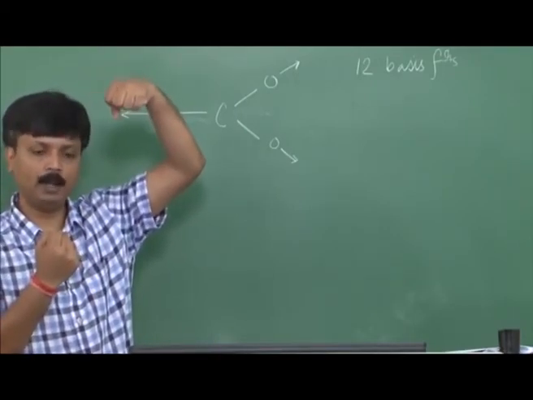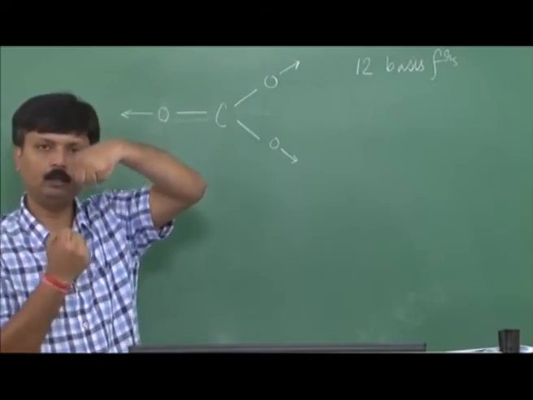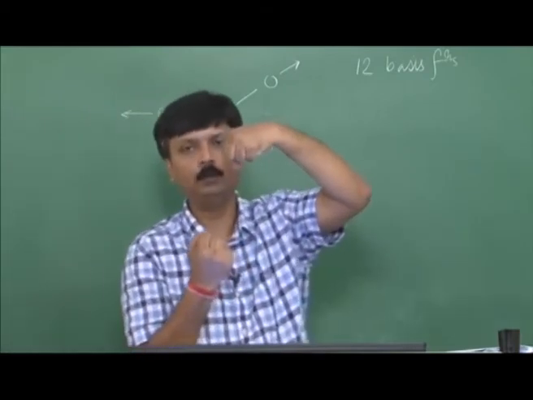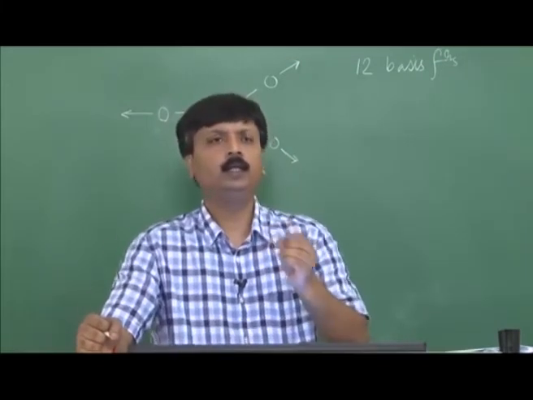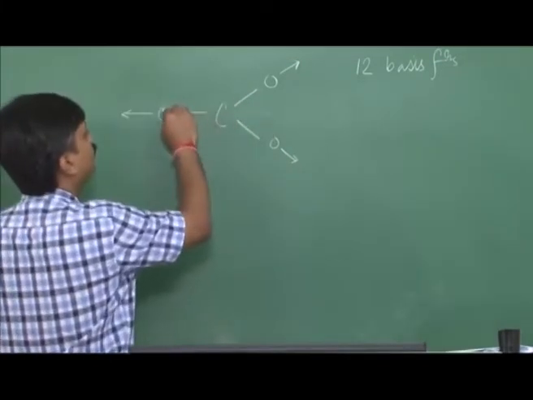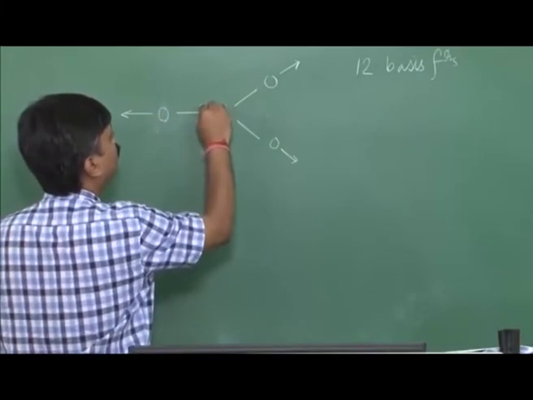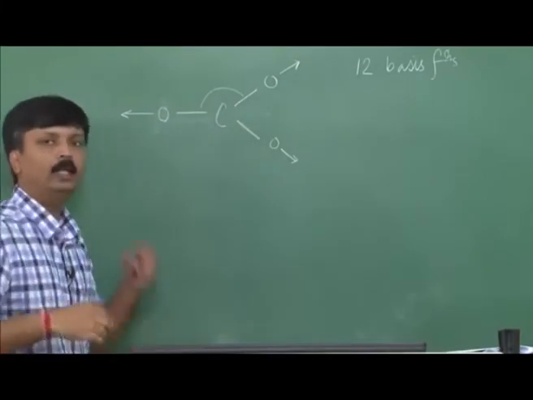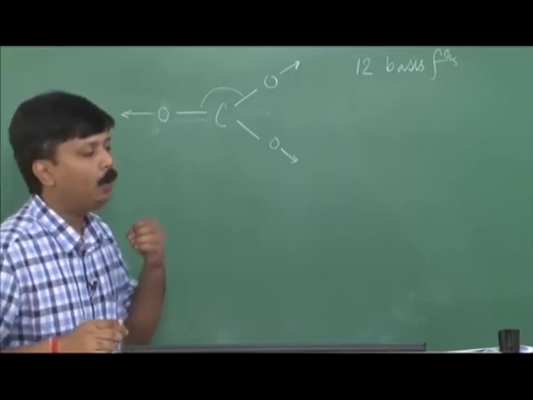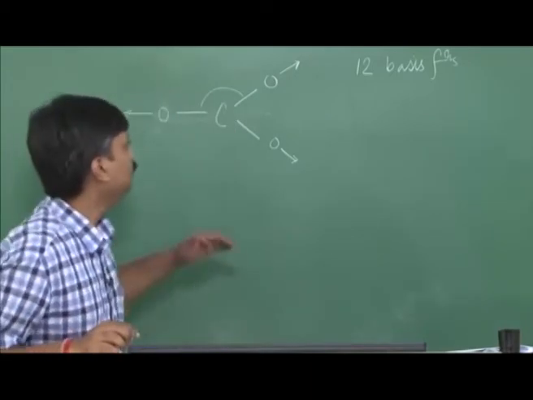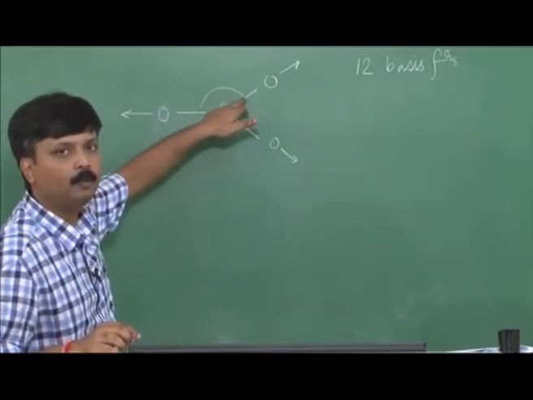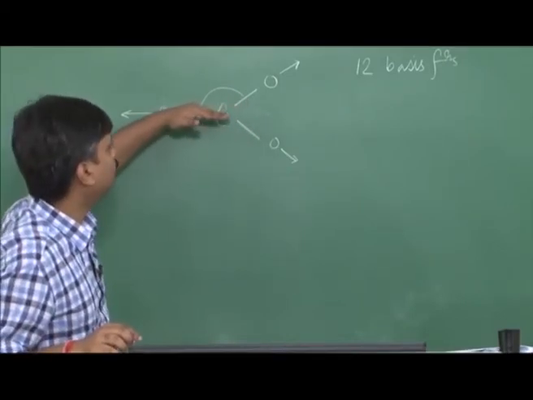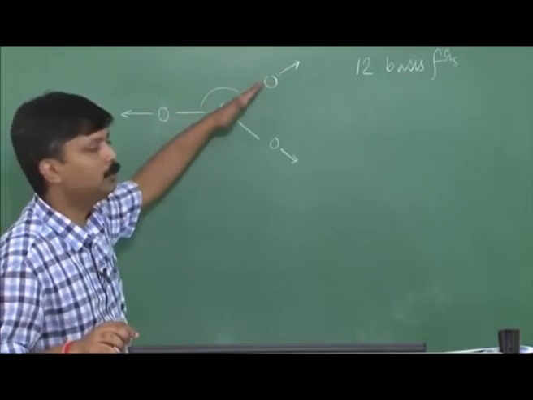Or when it is coming back, then it is reducing the bond. So I can also take the angle between these two CO bonds as one of my basis functions. I can also take a dihedral angle, meaning that I have a sigma plane here and I have this angle here, or I have this plane here and then I have this bond here.